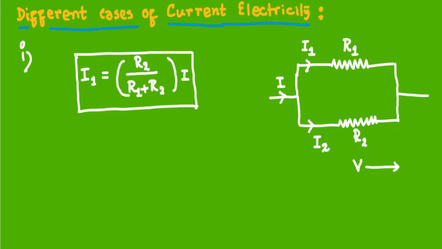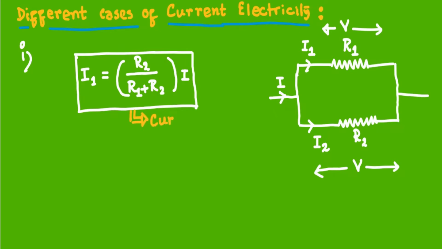And V is the potential difference across the parallel combination of two resistances. So obviously potential difference across the two resistances will be the same, V across R1, and V is also the potential difference across the second resistance R2.